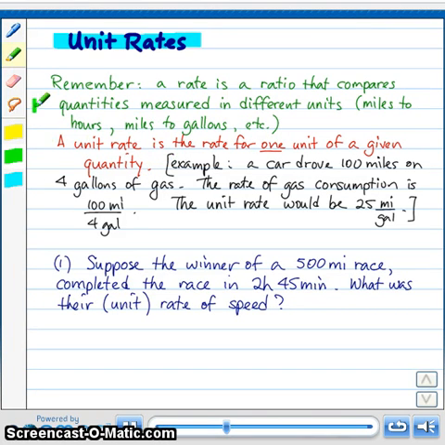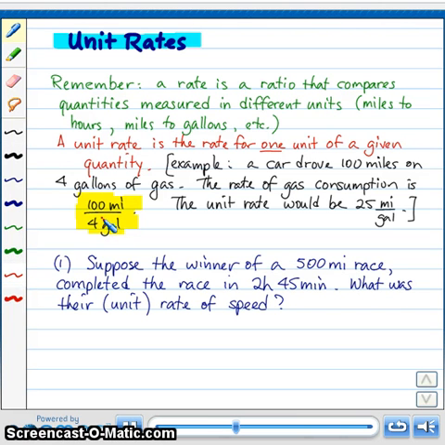For example, suppose a car drove 100 miles on 4 gallons of gas. The rate of gas consumption is 100 miles per 4 gallons. That's a rate, and it's a ratio of miles to gallons. But to find the unit rate, I need to divide the denominator into the numerator to eliminate the denominator, or to leave a denominator of 1.